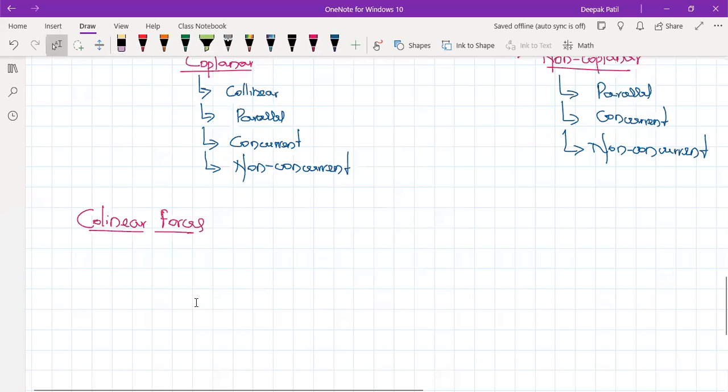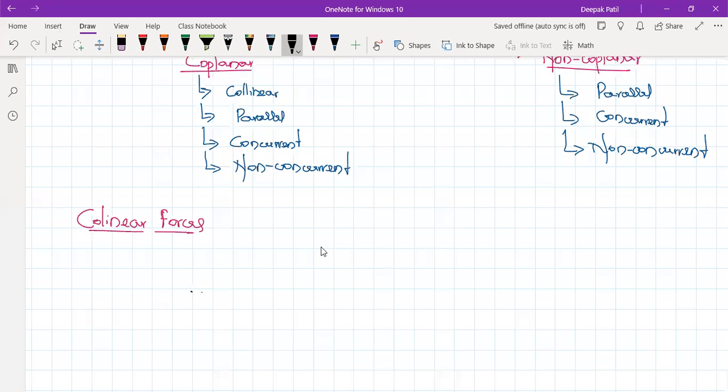Now the collinear forces. What do you mean by collinear forces? When the lines of action of all the forces of a system act along the same line, such a system is called a collinear force system. Let me explain that using an example.